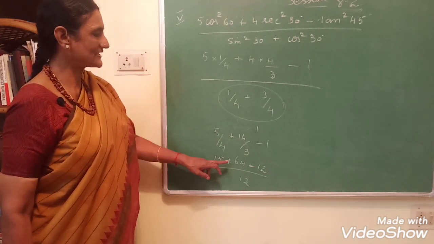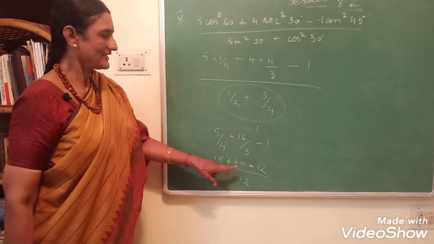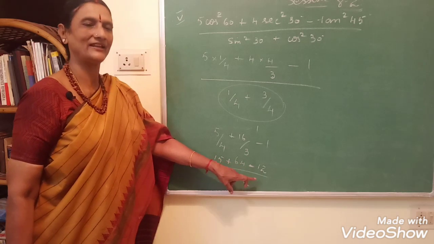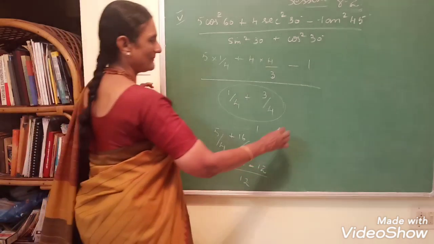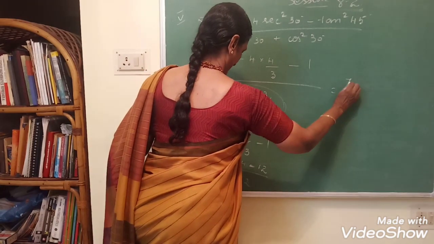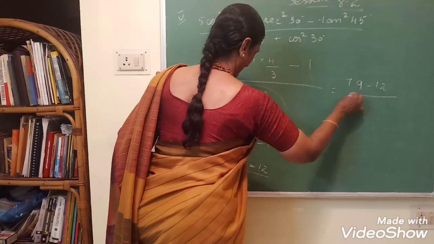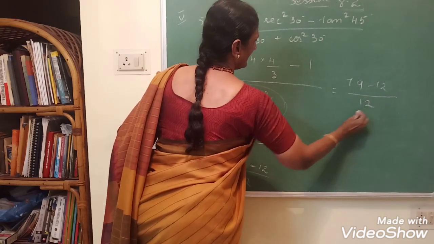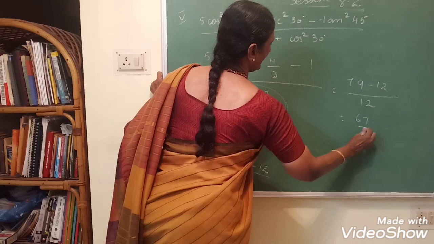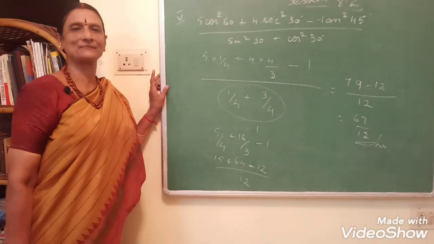Now tell me what is this value? 79. 79 minus 12 gives you, tell me. No one is giving out the answer. It is 79 minus 12 divided by 12. So it is 67 by 12. That is your answer. You can underline the answer like this.